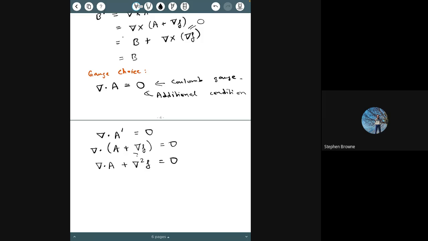You want both A and A prime to have zero divergence, and the divergence of A is 0, so the second derivative of the function f is 0. And this is a simple differential equation, so you can solve it for a class of functions for f.